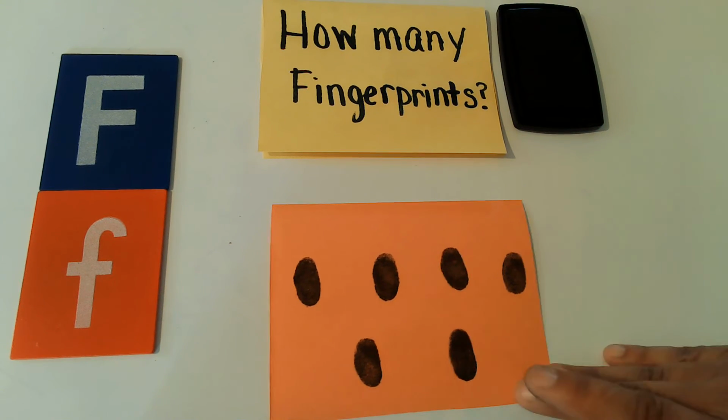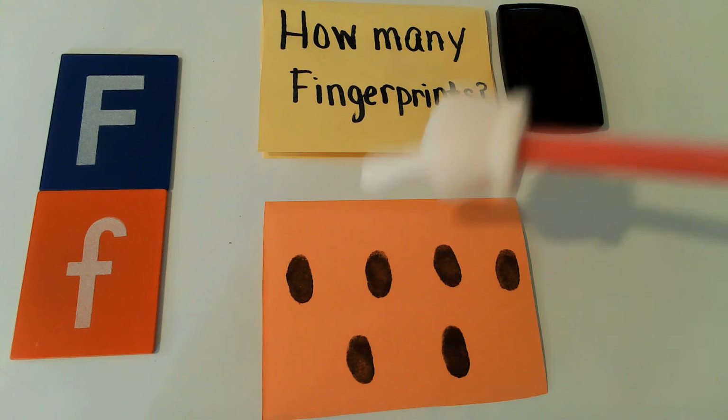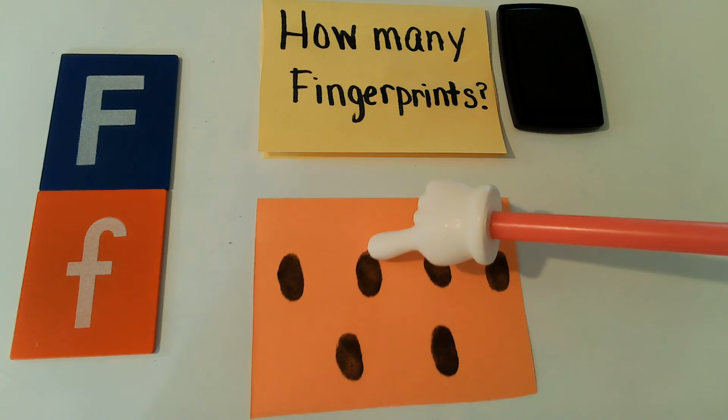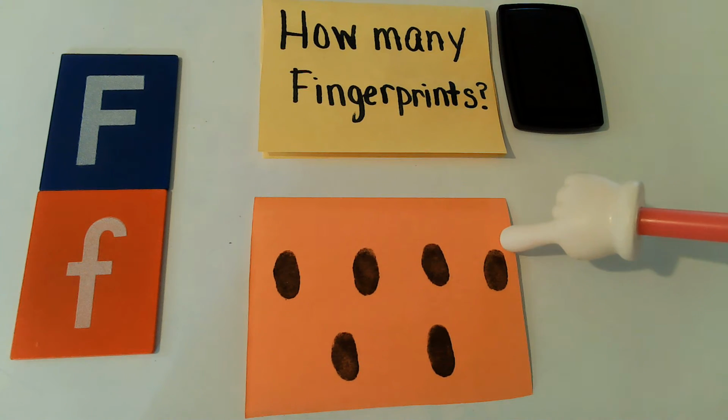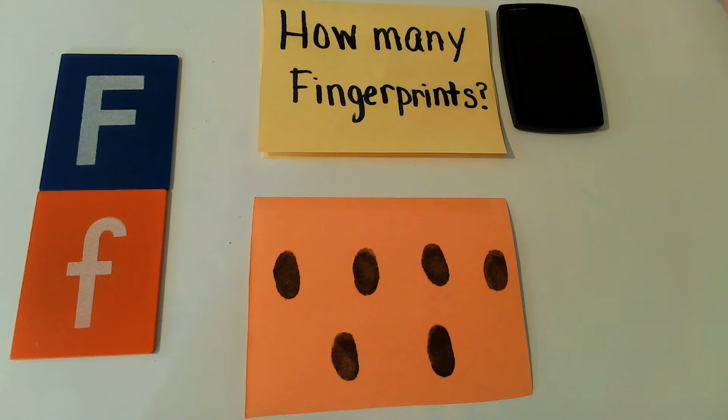How many fingerprints do you see now? Great job. So let's count them. 1, 2, 3, 4, 5, 6. So this piece of paper has 6 fingerprints.